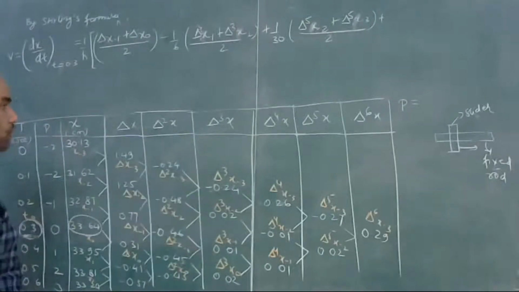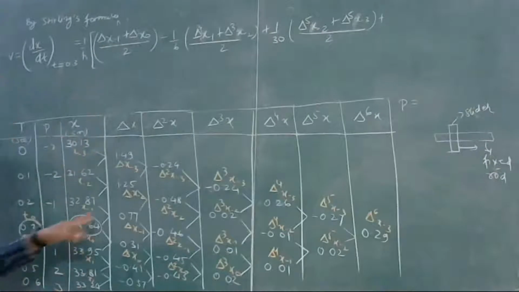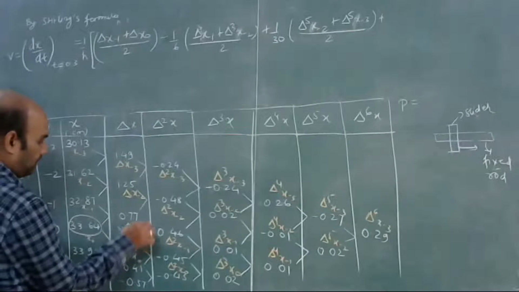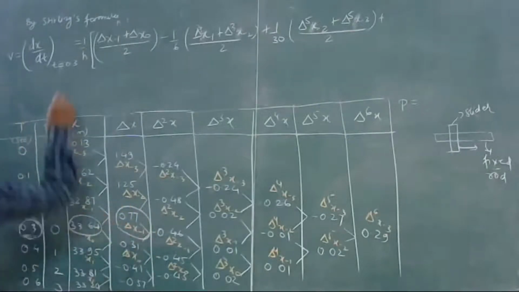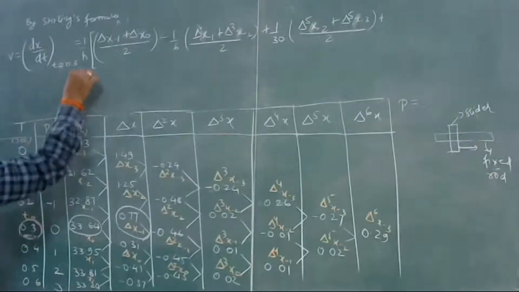So what we need first, del x minus 1. So what is h? The values of t are 0, 0.1, 0.2, 0.3, 0.4, 0.5, and 0.6. So this is quite clear. h will be 0.1 minus 0, so this will be 0.1.